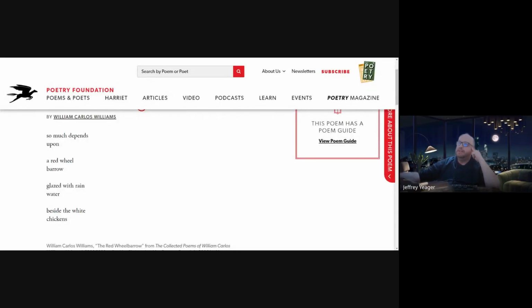So much depends upon a red wheelbarrow glazed with rainwater beside the white chickens. One of the most anthologized poems in literature right here, right?